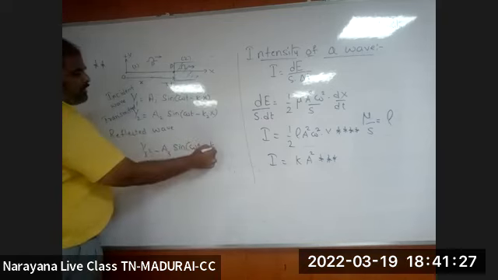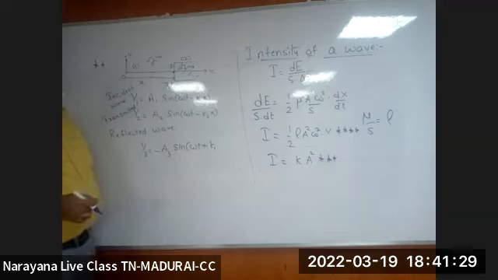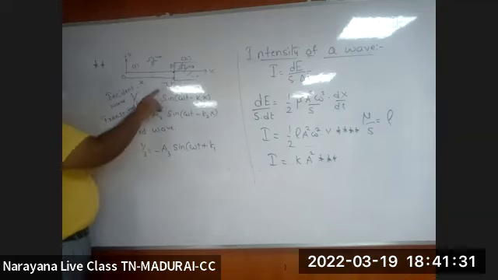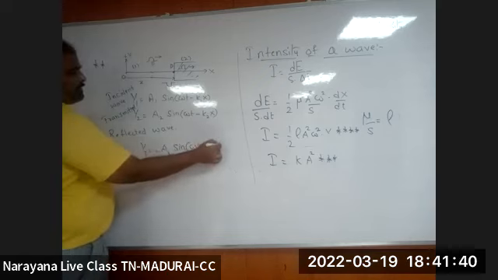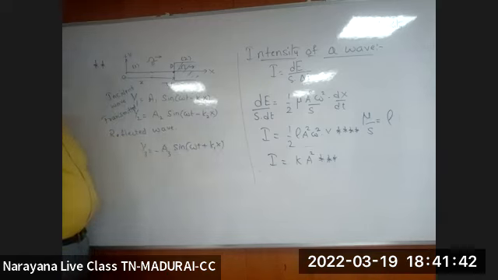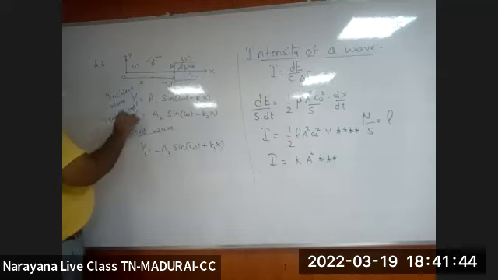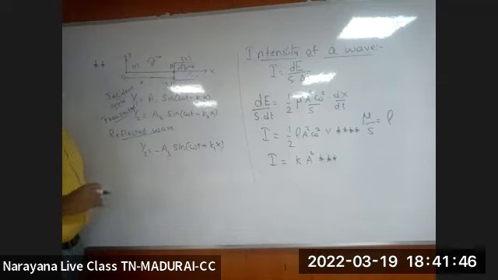No, K1 only, because it came back to the same medium. K is considered to represent the medium, K equal to 2 pi by lambda. So here K1 must be written. Understood? If I start the interference, it will take half an hour.